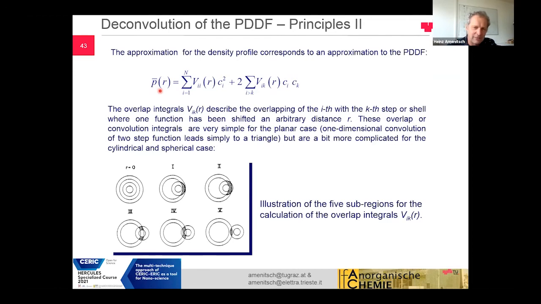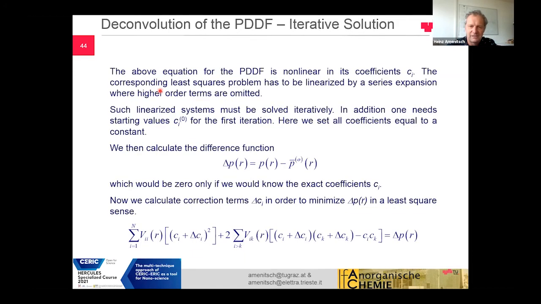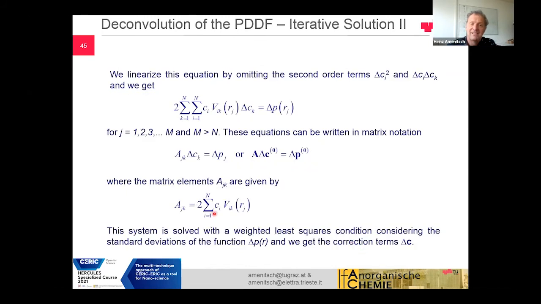But how you can solve this is shown here. You calculate a difference function. You start from a pair distribution function here. You calculate the difference pattern in the pair distribution function. If you calculate the math in the development coefficients, you have a starting configuration and the different configuration. These are the cross terms. And you go on with the math.